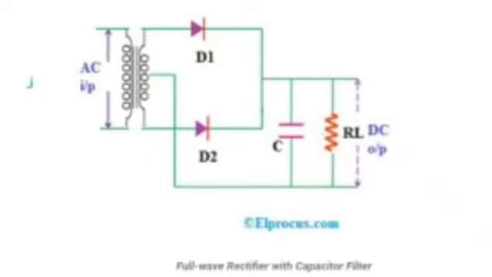Sa diagram, ang input AC voltage ay present sa positive half cycle. Ang D1 ay forward biased while D2 naman ay reverse biased at nagbablock ng current flow. On the positive half cycle, the diode 1 gets energized.